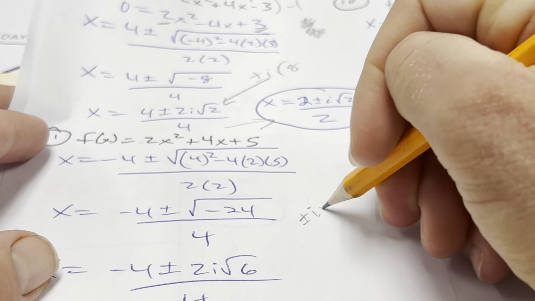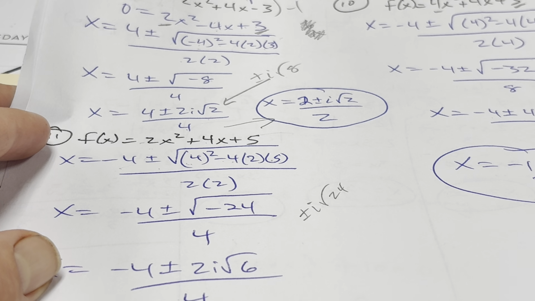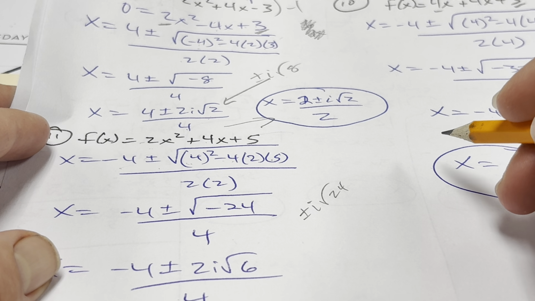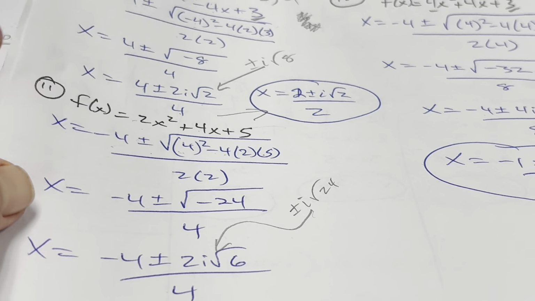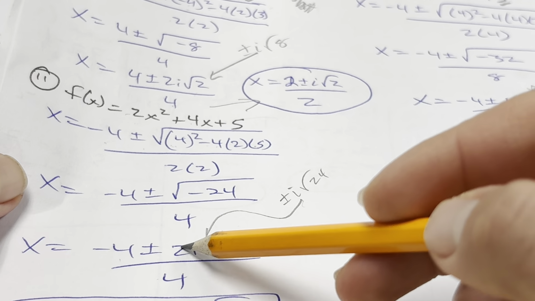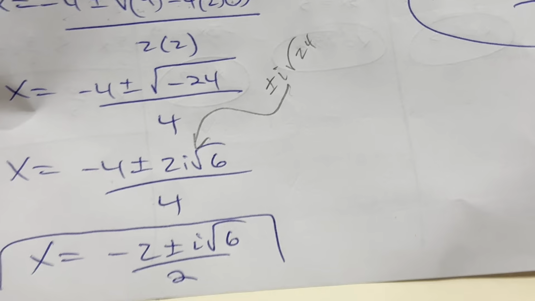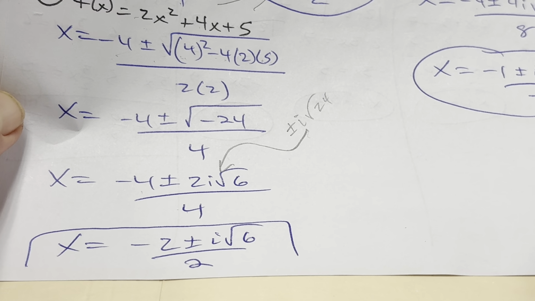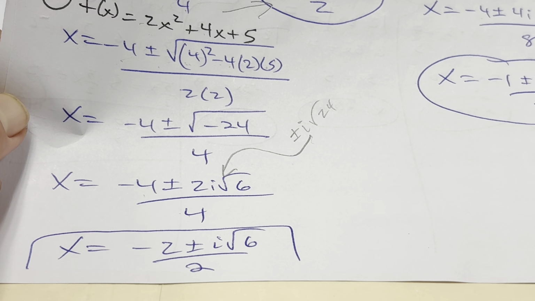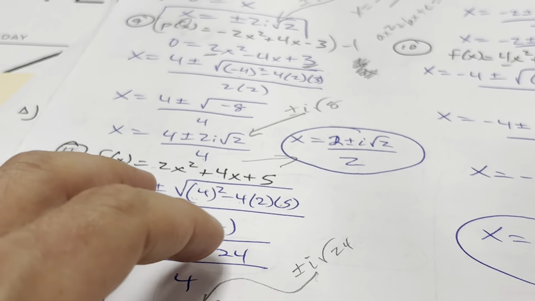So it's going to be plus or minus i root 24, which is 2 root 6. Make sure the i is there. Then I can divide this, and this by 2. I don't know. So you're not getting 5 of those, but I'd expect 3 or 4 of them. Quadratic formula for a lot of them.